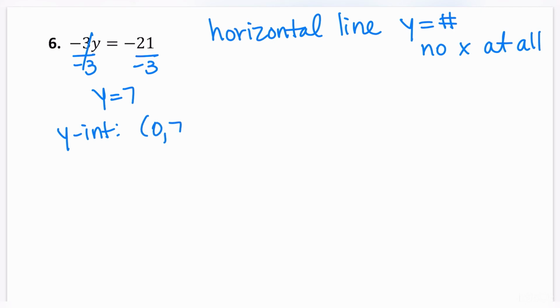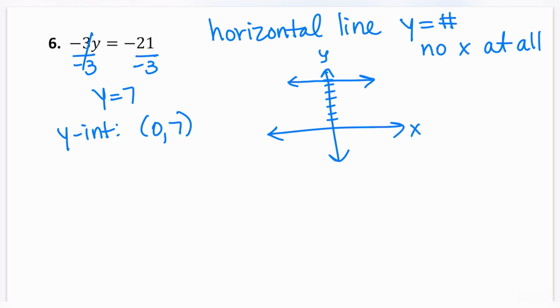So 0, 7 is the y-intercept. And this would be a line at y is equal to 7, 1, 2, 3, 4, 5, 6, 7. So this would be a horizontal line at 7. Notice here's the x-axis, here's the y-axis. The x-intercept, there actually is none because it does not cross the x-axis at all.